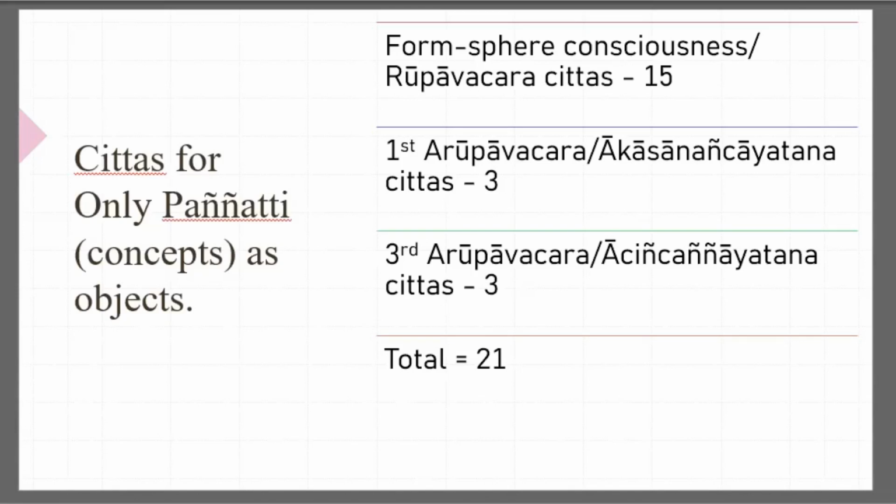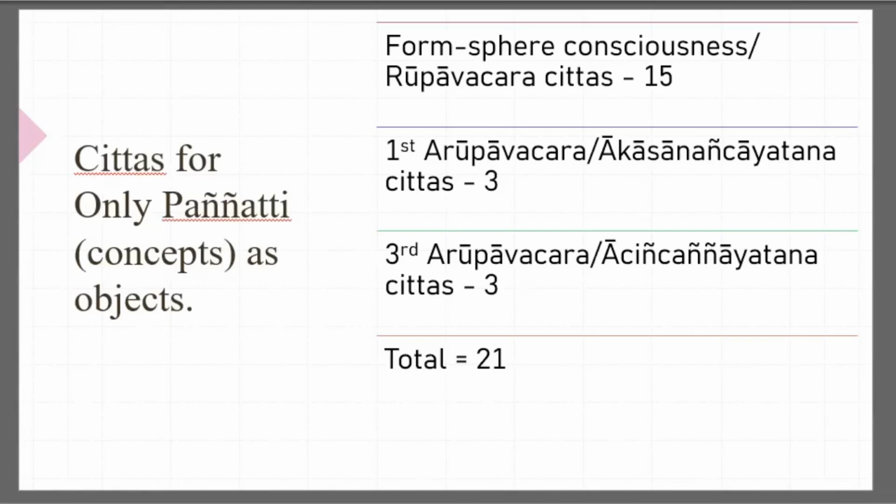Then what is the object of Ākiñcaññāyatana Citta? The nothingness of the first Arūpāvacara Citta. So nothingness is not a reality. That's a concept. How many Cittas can take concepts as objects?